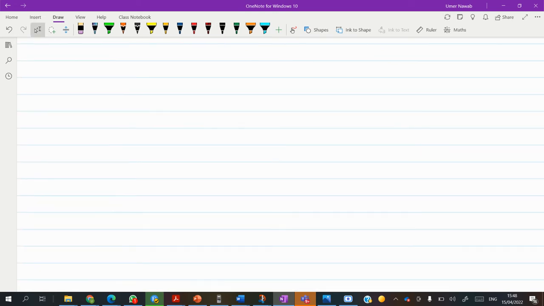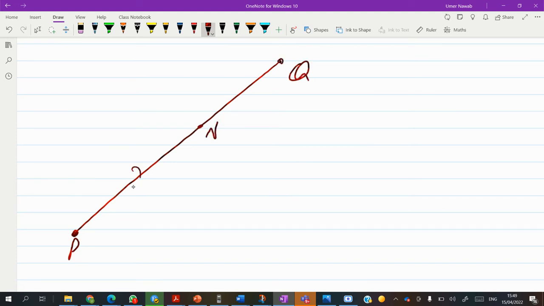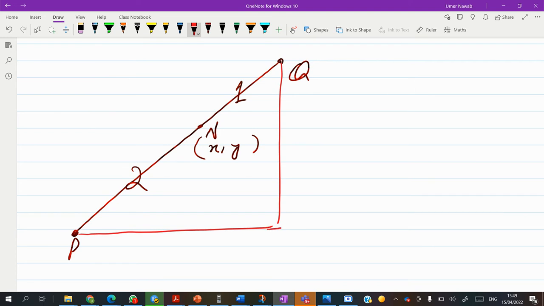Let me explain again. For example, this is the line, this is P, this is Q, and this is N, which divides them in the ratio 2:1. In order to write the coordinates, boys, we need to complete a triangle.